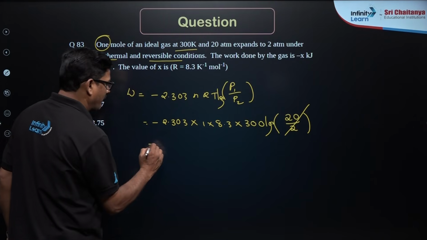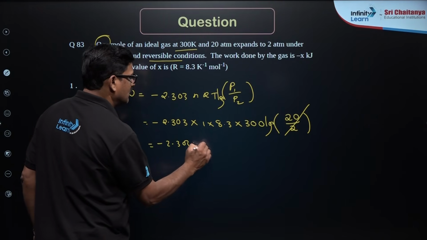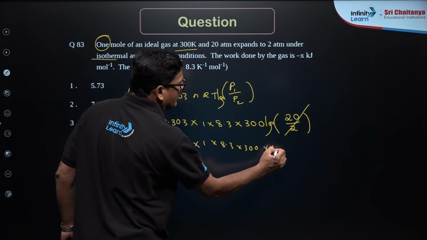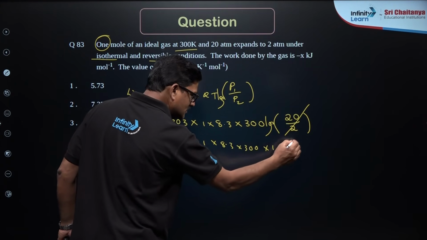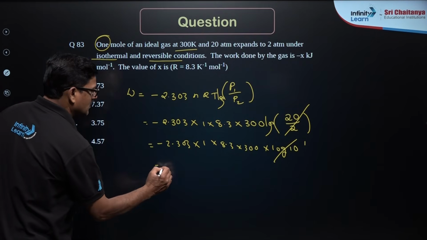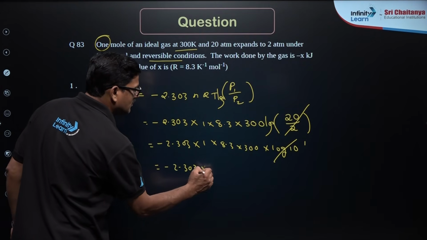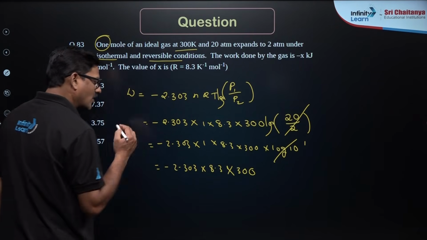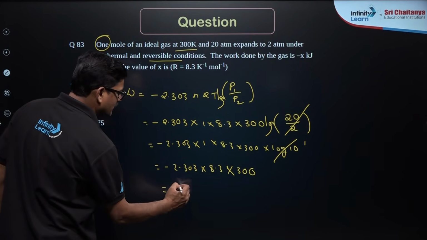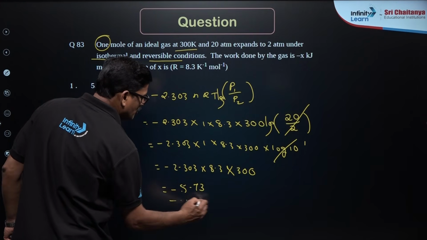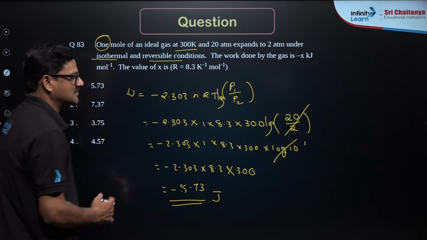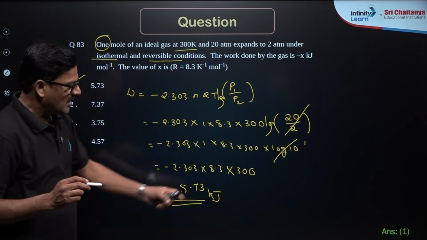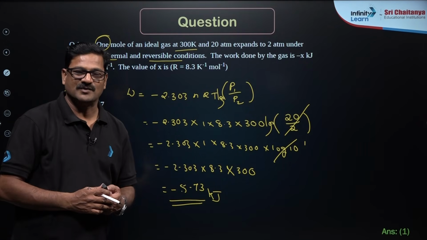So you can say minus 2.303 into 1 into 8.3 into 300 into log 10. Log 10 is equal to 1. So negative 2.303 into 8.3 into 300. Now on doing so, you are going to get negative 5.73 kilojoules as the answer. So 5.73, option 1 is the correct answer for this question.